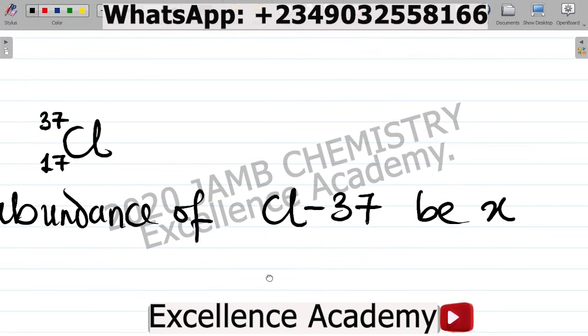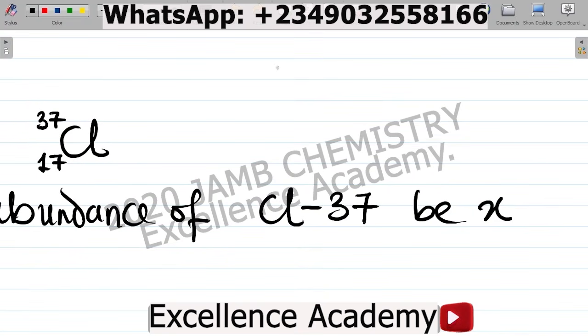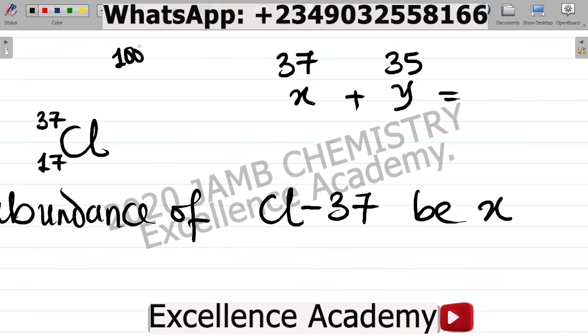Now you want to take note that if I take the relative abundance of chlorine 37 as x, and I take that of chlorine 35 as y, if you sum all the relative abundances, it should be equal to 100%. We know that 100% is equal to 100 over 100, and that gives you 1.